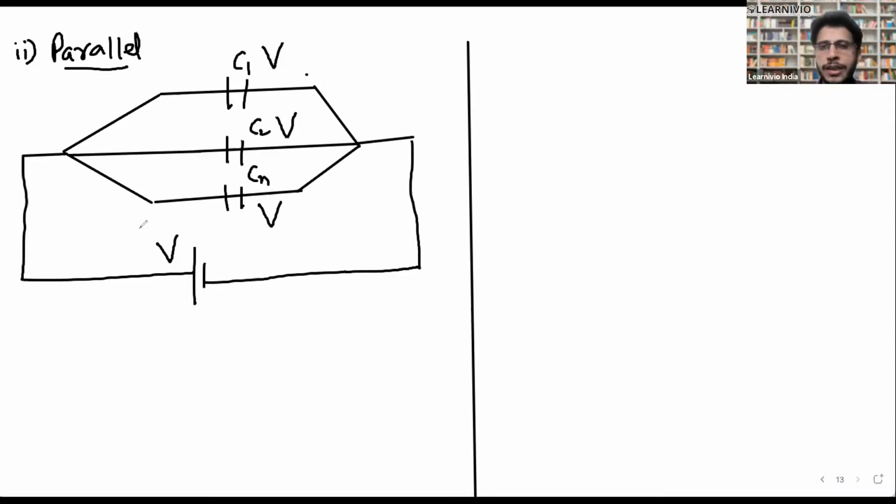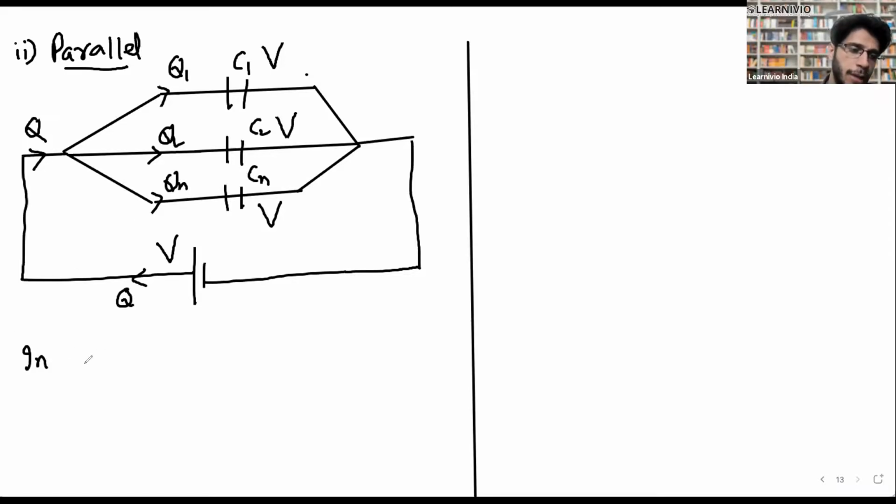What about charge? Is the charge through each capacitor the same, or will charge divide? It will divide. There is branching in the circuit, so charge will divide. If charge Q travels from the cell, it will divide into three parts. Some Q1 gets stored in C1, Q2 gets stored in C2, Qn gets stored in Cn. But voltage across each capacitor is the same.